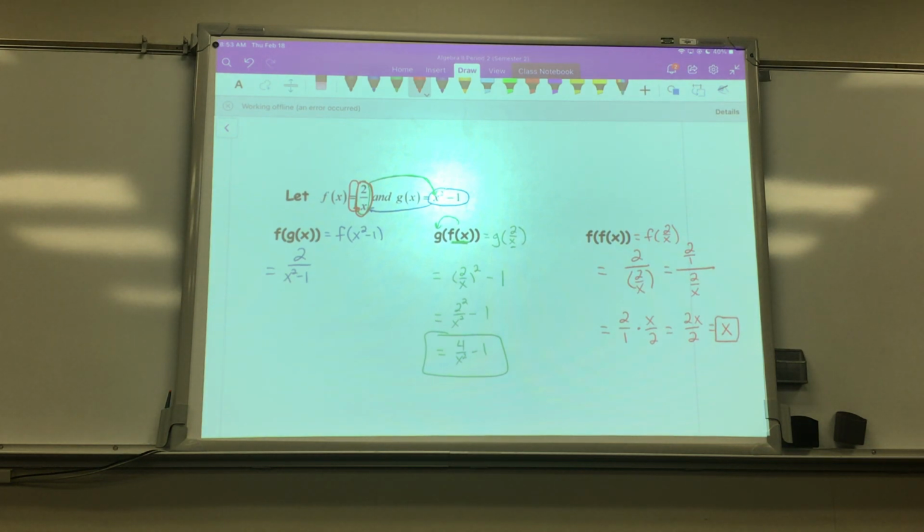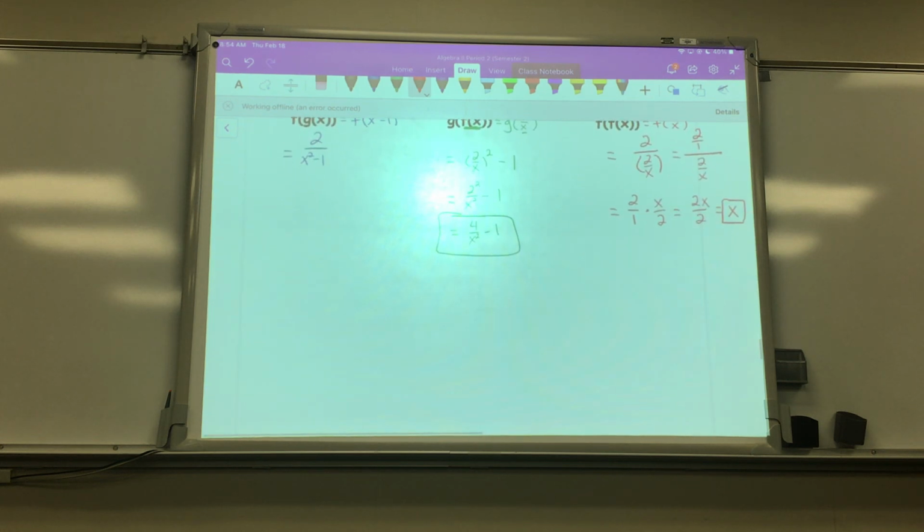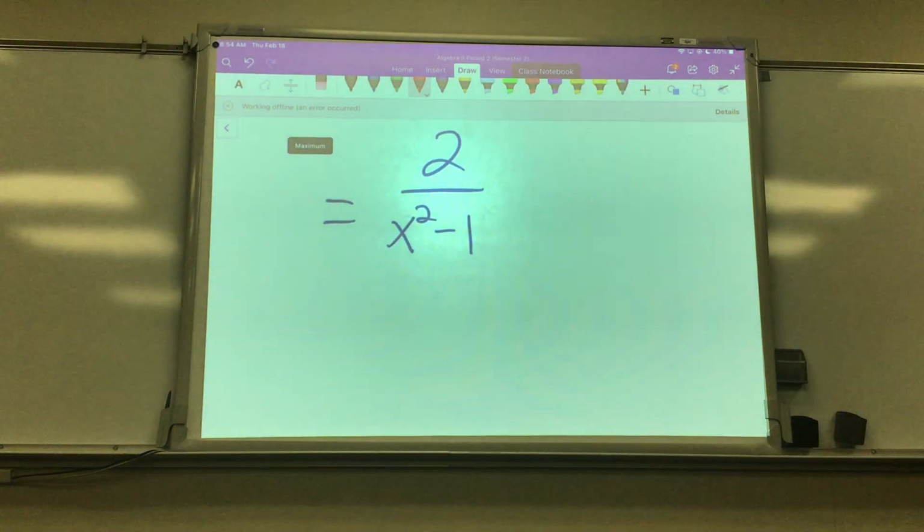All right, now let's look at domains of these compositions. Domain again is the x values that we can plug in and get something back, correct? Now, when it comes to these, it's not a matter of just looking at the final result.